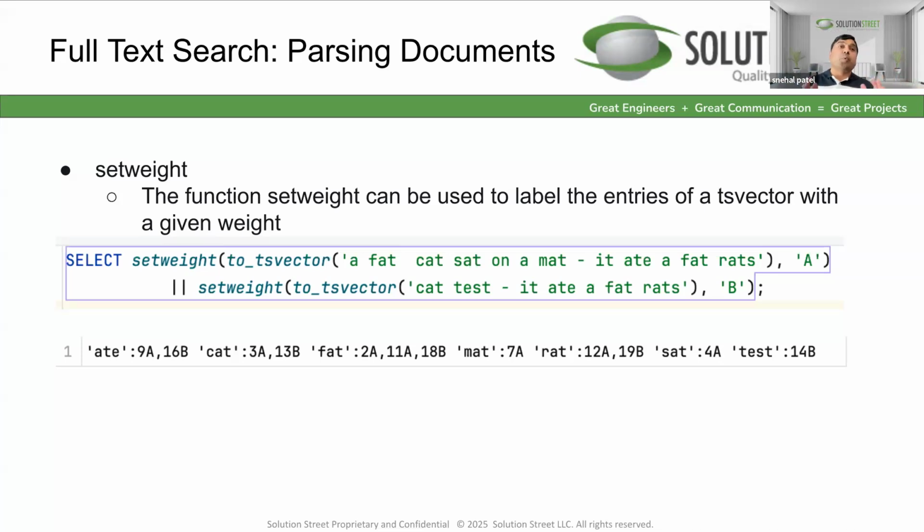So Postgres supports 4 priorities, A, B, C, and D. And this is the function using which those sections can be assigned higher priority. This will be helpful in performing search where we want to restrict the lexeme appearing in a specific section, or this can also be used for ranking. For example, the word appearing with a particular label is ranked higher than the word appearing elsewhere.